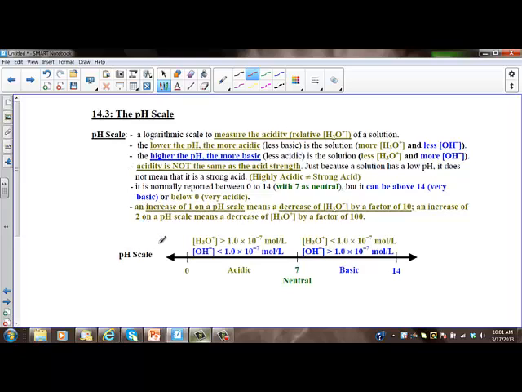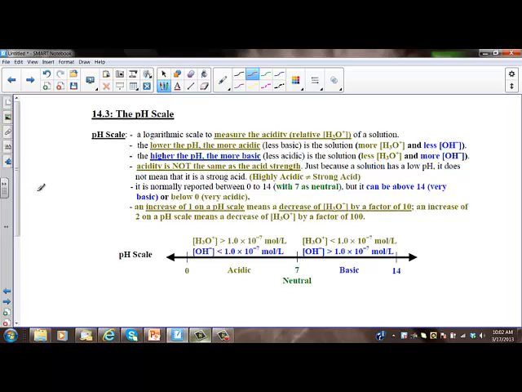An increase of 1 on a pH scale means a decrease of hydronium concentration by a factor of 10. An increase of 2 on the pH scale means a decrease of hydronium ion concentration by a factor of 100. So everything is a tenfold increase or decrease.